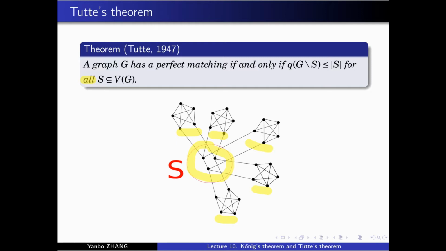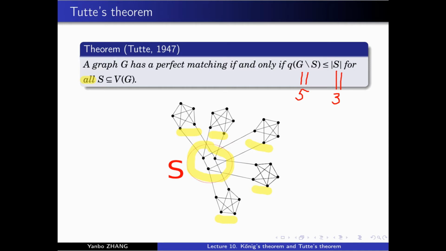So we have 5 odd components. q(G minus S) equals 5, and the size of S is 3. 5 is greater than 3. So by Tutte's theorem, this graph has no perfect matching.